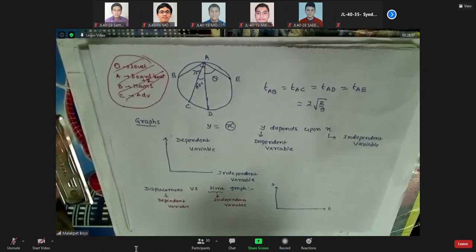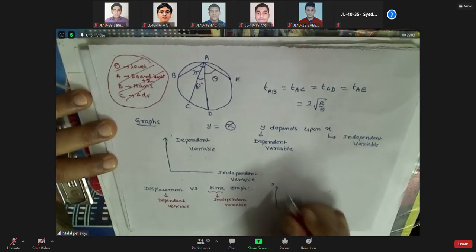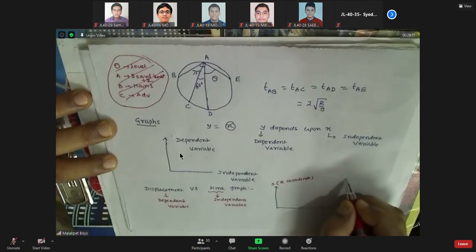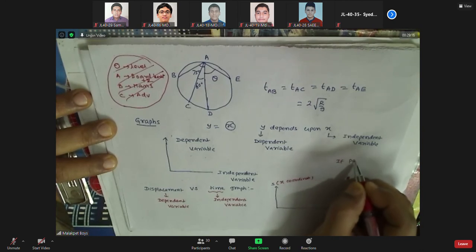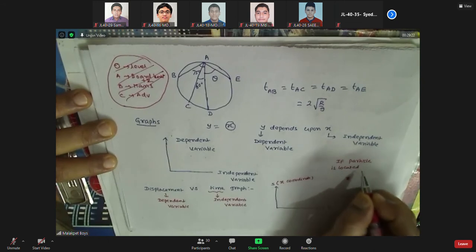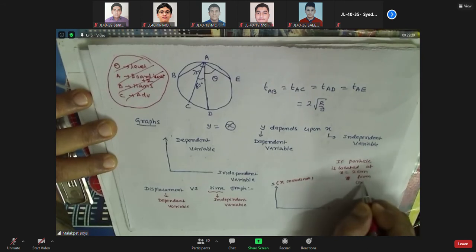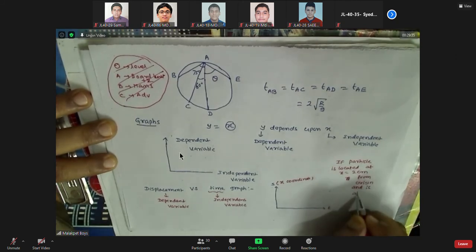Followed. Suppose the particle position is constant. For example, this is the x position, the x coordinate. Suppose the particle is located at 2 centimeters from origin and is at rest.